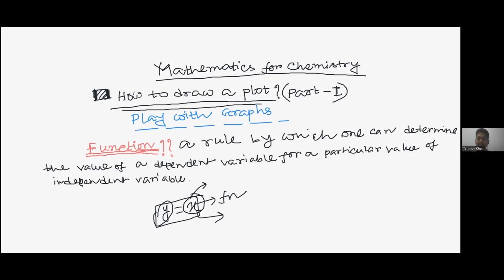That means x is not dependent upon anyone, which is why it is called the independent variable, and y is dependent upon x, which is why it is called the dependent variable.